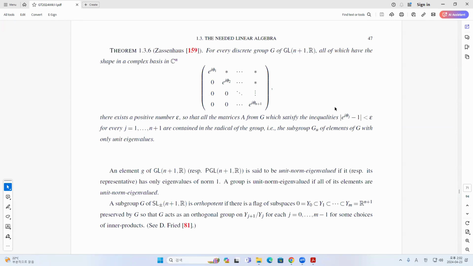The radical is the subgroup with only unit eigenvalues. So suppose all these theta j's are very close to zero, then it's always going to be zero immediately because it is discrete. So there is some positive epsilon which only depends on C and N, I think.